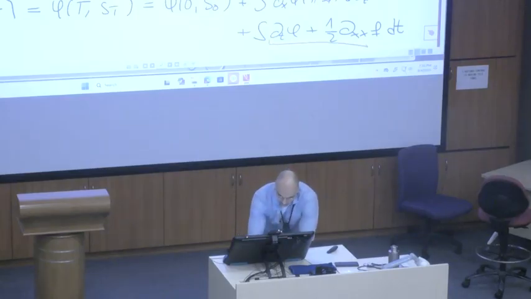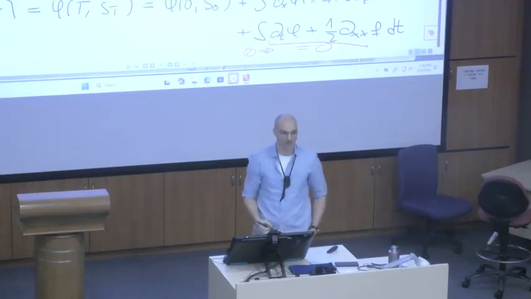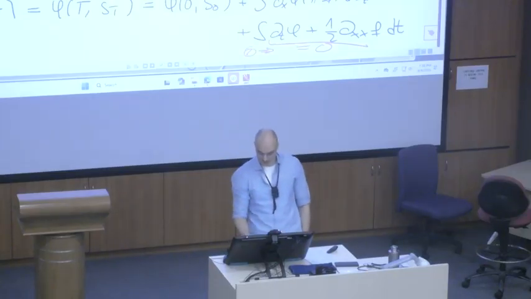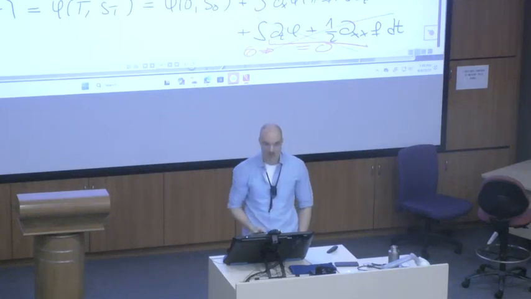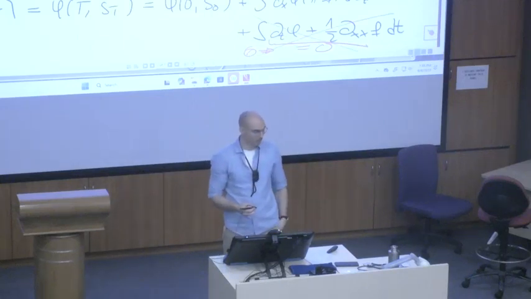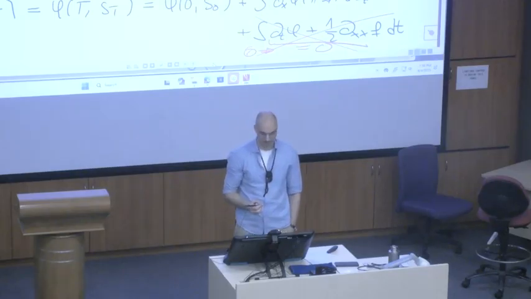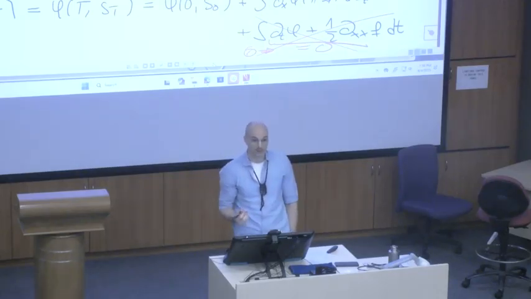So let's call this 1, this 2. So this is 1. This is 0 by 2. Okay, so all of this cancels. Hence, you see what delta is.